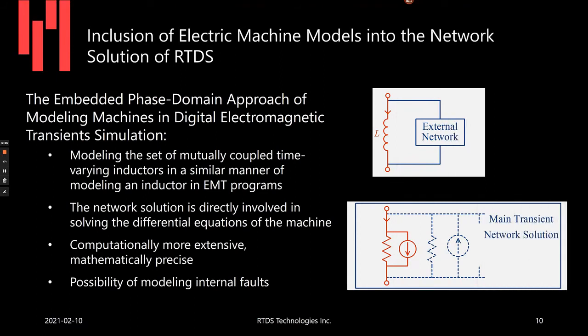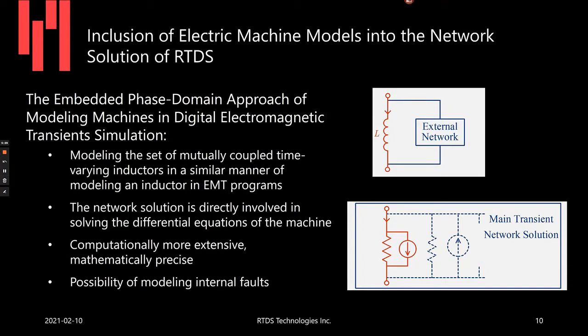A more precise approach is the embedded phase domain approach. Here, if you remember the integration of a simple inductor in the Dommel algorithm, trapezoidal integration is applied to the differential equation of the inductor. Now we treat the machine as a set of mutually coupled time-varying inductors.